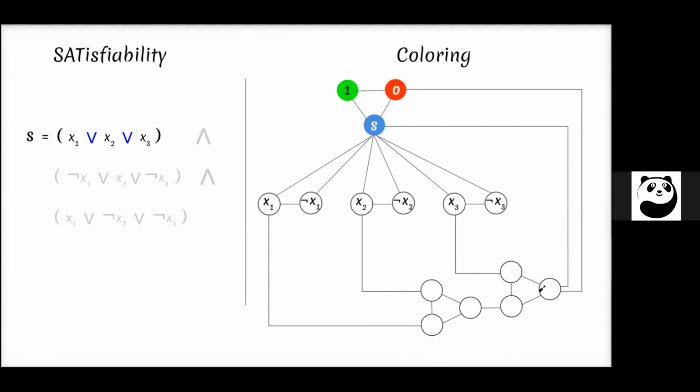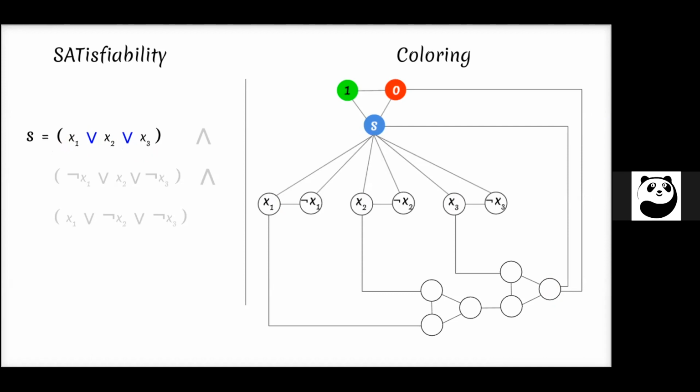We want to force the output here to evaluate to 0 if all the inputs of the clause are all 0, right? Because that's the only case in which a clause is false, if all of them are 0 or false. It only takes one of them to be true.